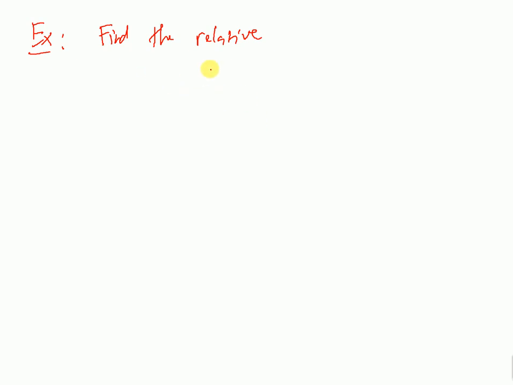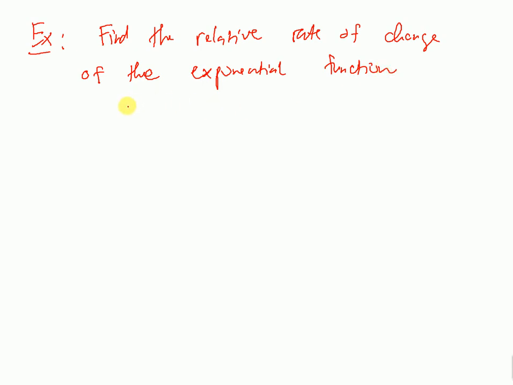Okay, let's keep going. So find the relative rate of change of the exponential function z equals p naught e to the kt.